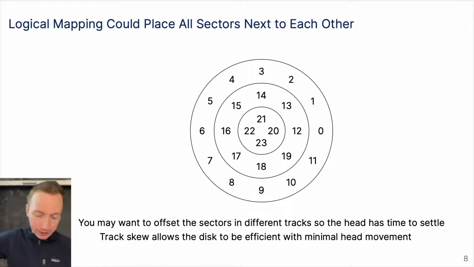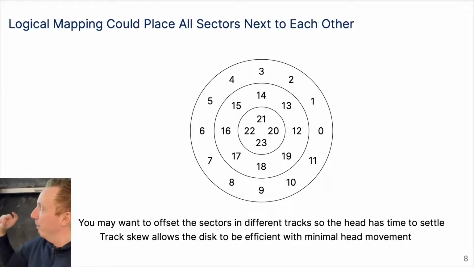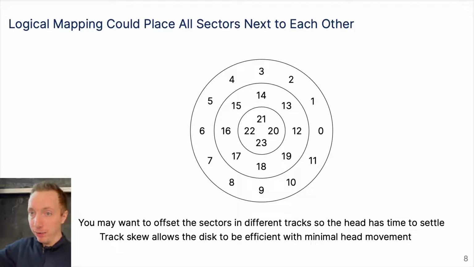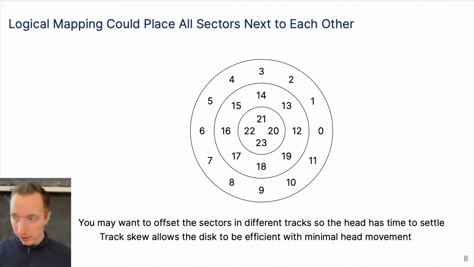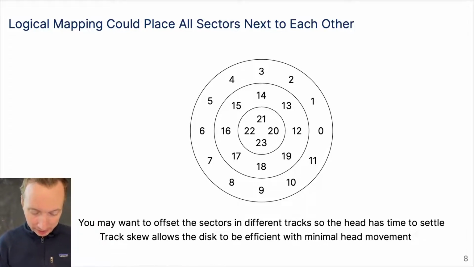If you're designing the hardware, you would want to number it such that by the time the head moves to the next track, sector 12 would be under the head and able to be read as quickly as possible. Then if you're the kernel scheduling this, you just access them all in order, and it's as fast as it could possibly be. So that actually makes it a bit more efficient.